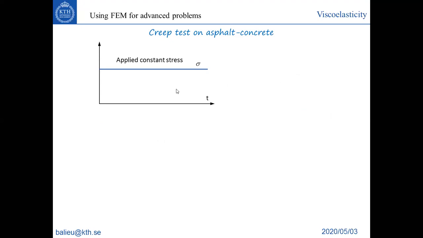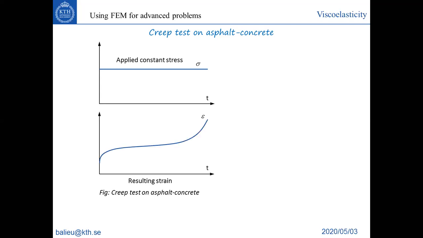Since stress is the input of your experiment, you control the stress, and you look at the strain as output. So on a creep test, the input is stress and the output is strain.